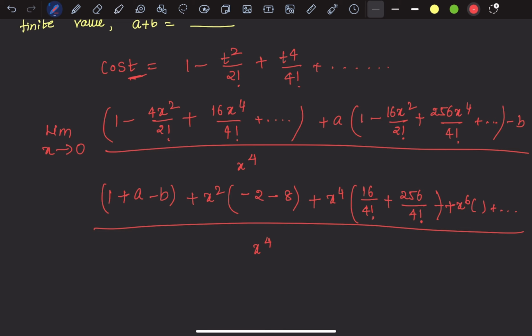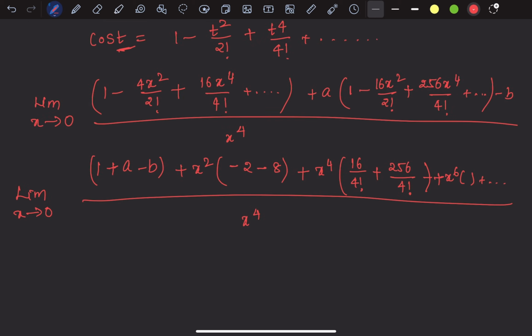Alright. Now for this limit to exist, so I think we made a mistake here. The coefficient of x square is minus 2 from here, and here it is minus 8a. The coefficient of x to the power 4 is 16 by 4 factorial from here, and here it is 256a by 4 factorial, plus and so on.